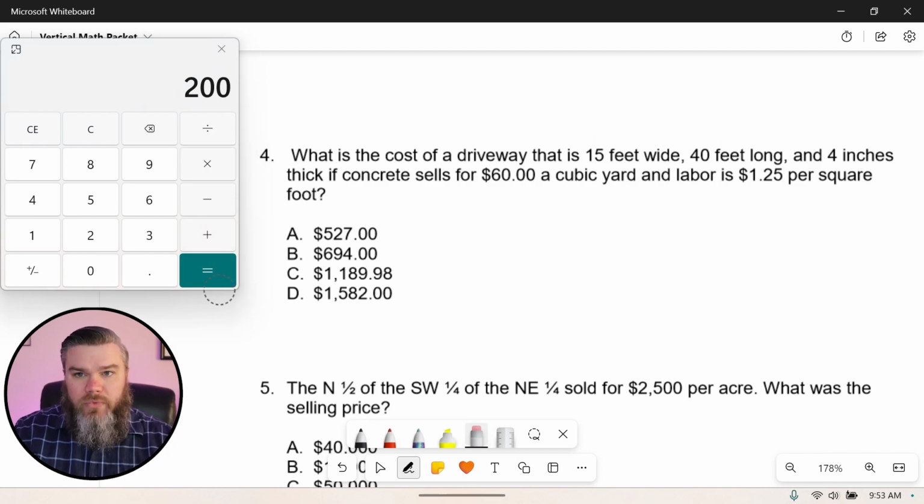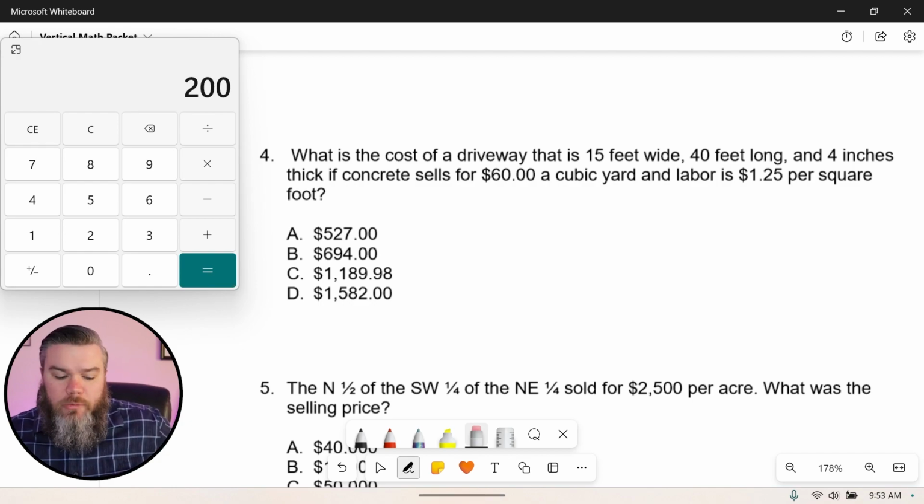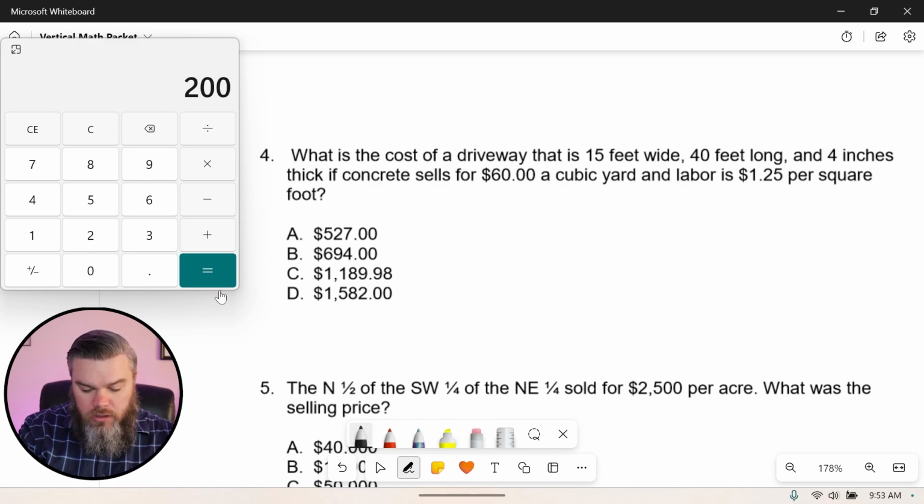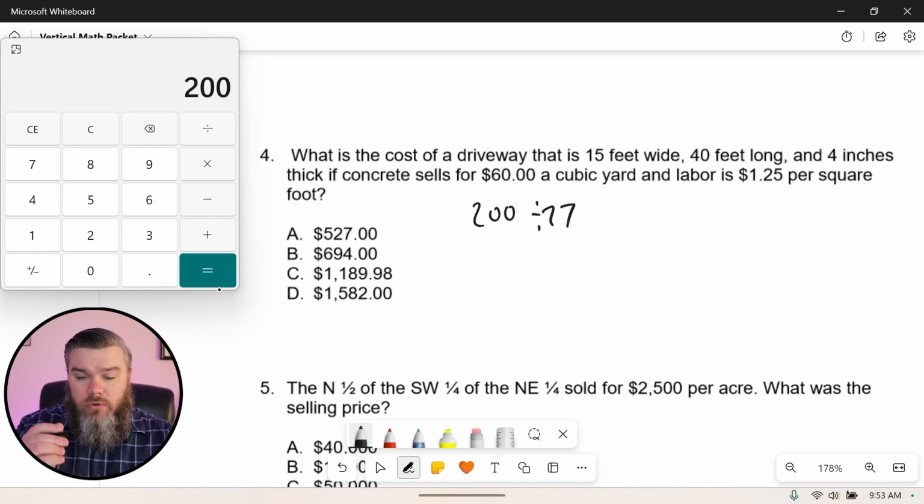Now, remember, you can't just say divided by 3. You're trying to figure out how many cubic yards go into this, but 1 cubic yard is 27 cubic feet. So you would have to take this 200 and divide by 27, which is how many cubic feet are in 1 cubic yard.